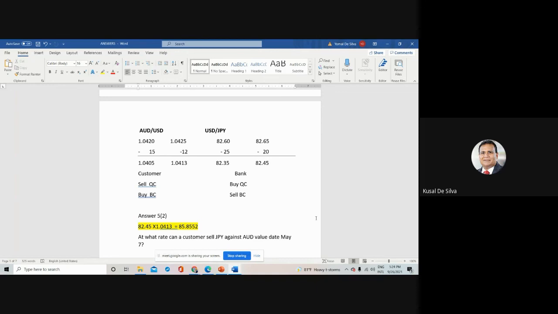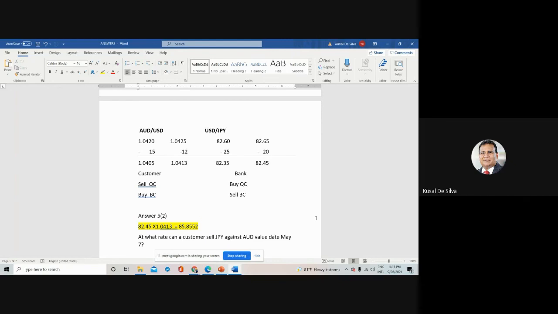If it is indirect, you multiply. That is the first criterion. Then you have to identify the bank's role, whether it is buying or selling. Buying what? Buying the base currency or selling the base currency. Then you apply the bid rate or ask rate accordingly.